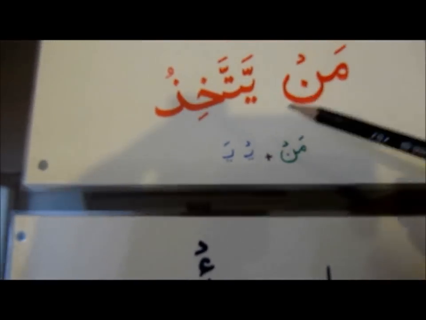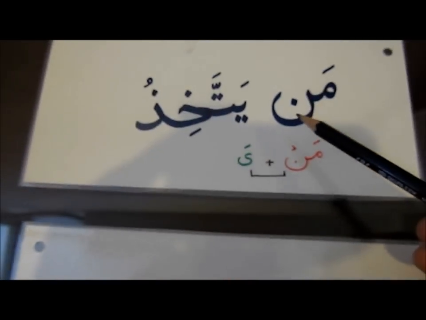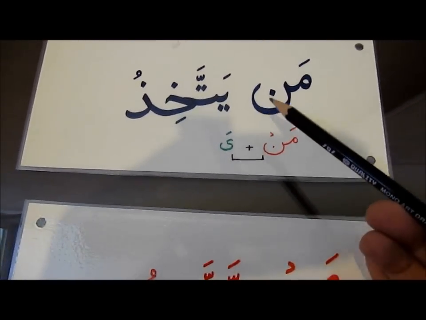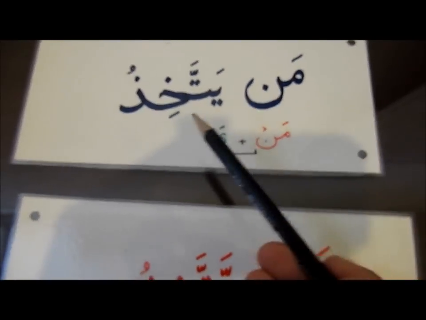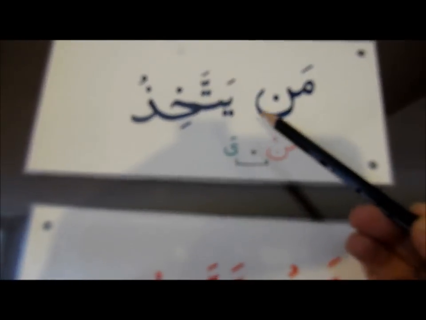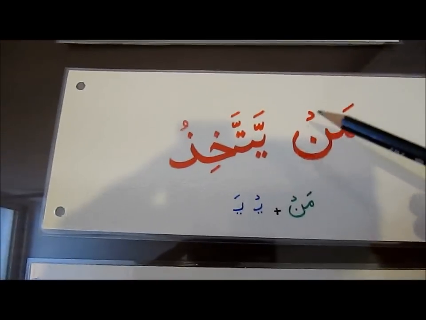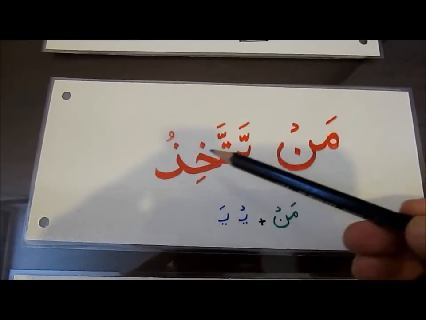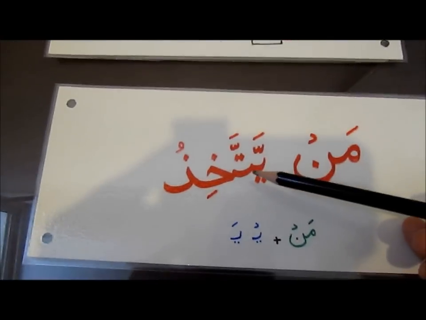Okay, and here again it's the same thing, because there's an incomplete merge. Here you have man yattakhidhu. You have the noon. As you can see, there's nothing on the noon, because it's representing the fact that there's a ghunnah that needs to be held as you say it. Man yattakhidhu. Okay, and here you see that there's a sakin on the noon, and it's man yattakhidhu. You see there's no shadda here, and there's shadda here.